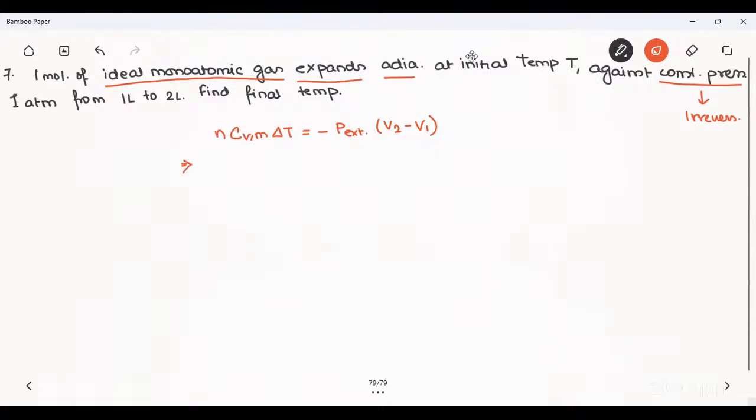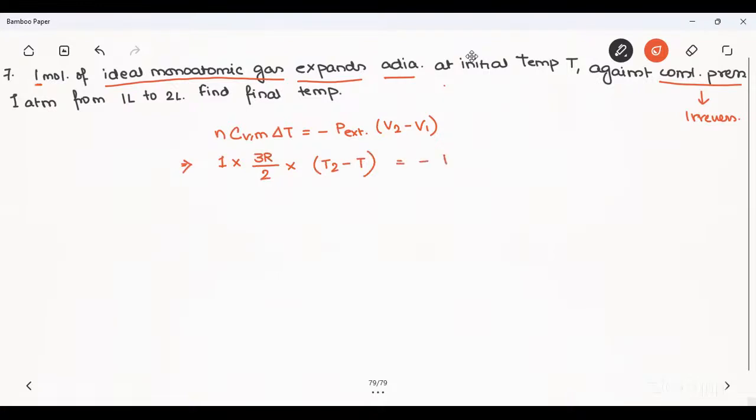Now 1 mole is given. What is the Cvm of a monoatomic gas? 3R by 2. Yes, ma'am. And what is this delta T? We need to calculate the final temperature only. Initial temperature is given as T, not T1.